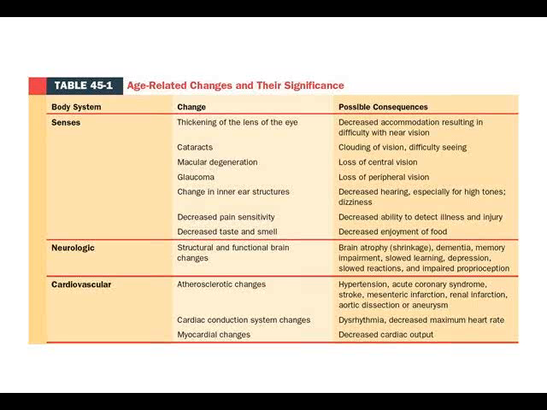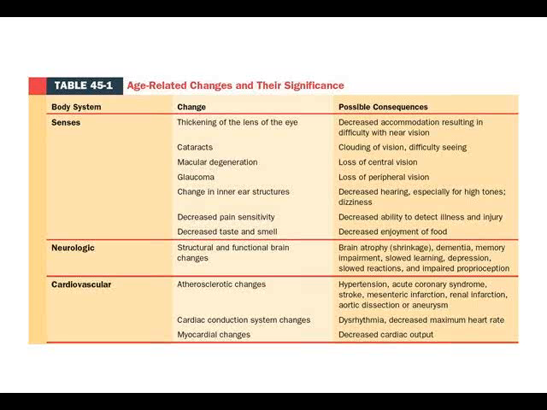With cardiovascular, we have things such as atherosclerotic changes. We know that atherosclerosis is a hardening of the arteries, and that is specific to fat plaque formations, and this can lead to all kinds of issues, many of which we've talked about throughout this course.